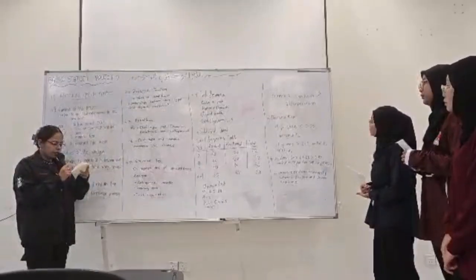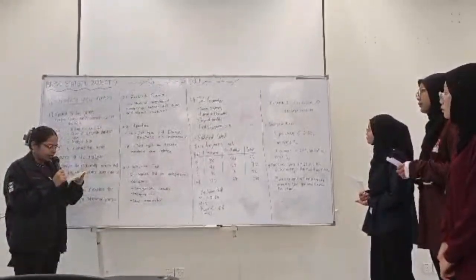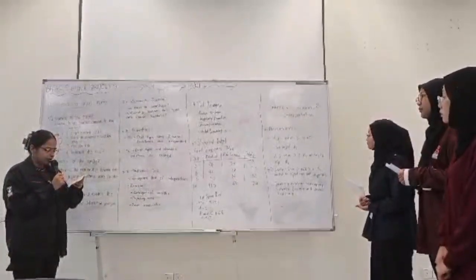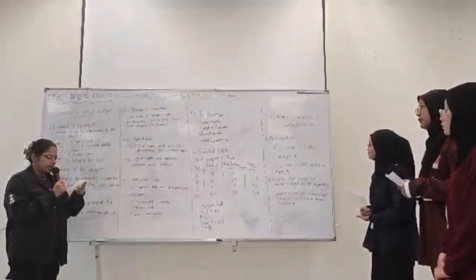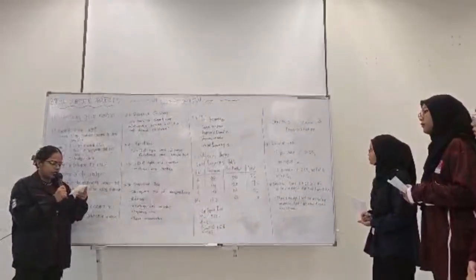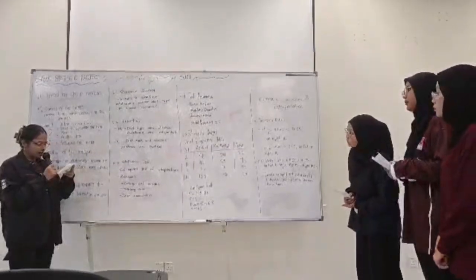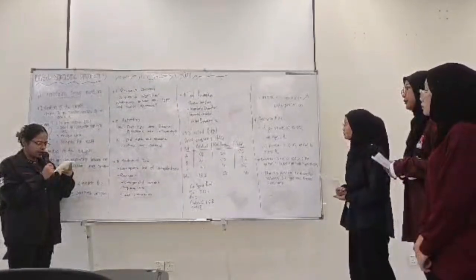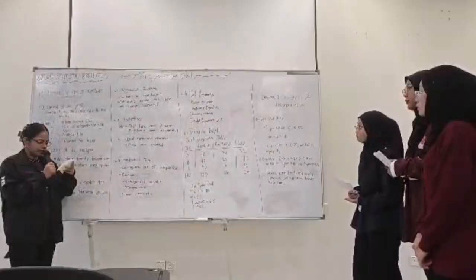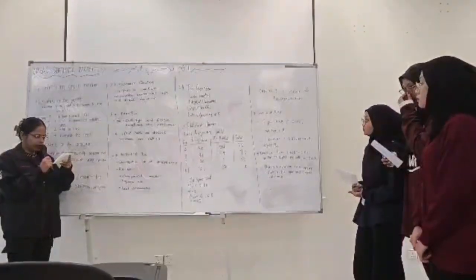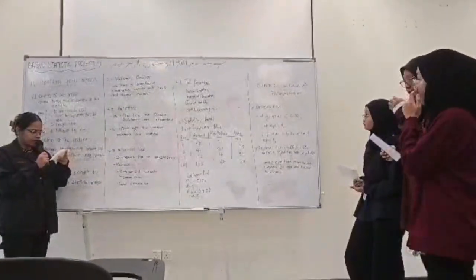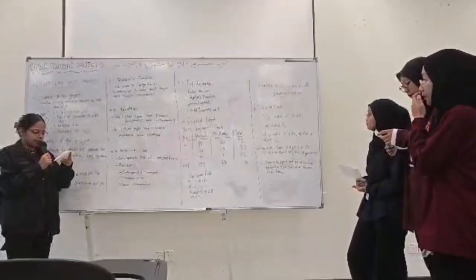Third, both variables analyzed are categorical. Diet type consists of three categories A, B, C, while disease resistance is classified as resistant or non-resistant.